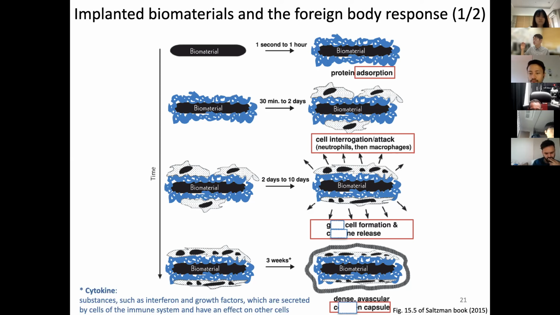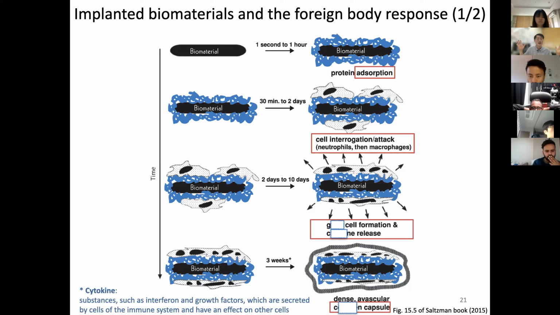The first one is the neutrophil because there's an acute inflammatory response, and it tries to attack this foreign part. And then macrophages come. This happens only on the order of about a day, 1 to 2 days. That's the acute phase, and still it doesn't work.